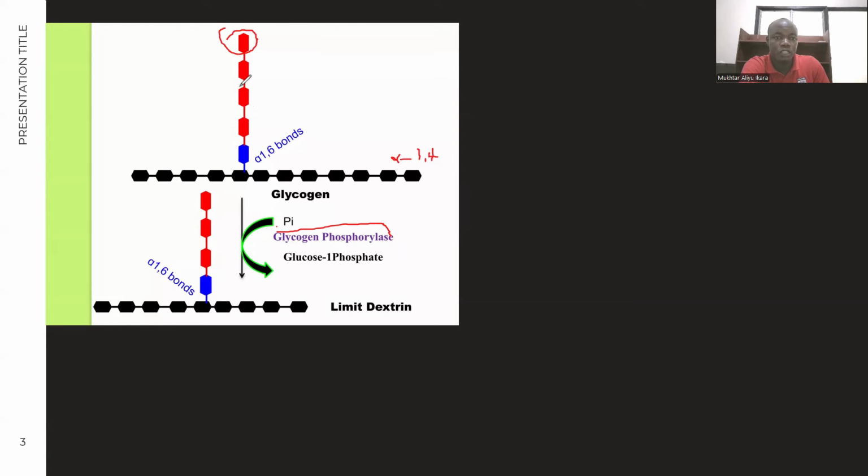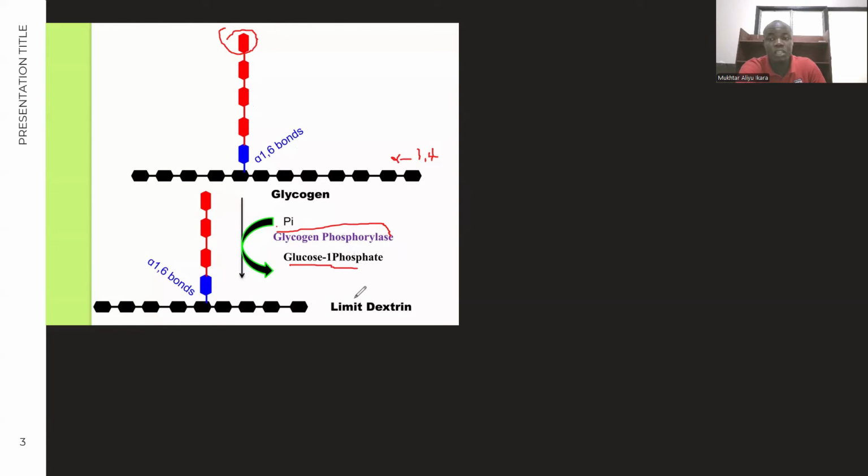Once you add free inorganic phosphate, the glucose will be removed. So from here to here, the enzyme glycogen phosphorylase was able to remove one molecule of glucose as glucose 1-phosphate. After removing this glucose 1-phosphate, it now becomes a limit dextrin.